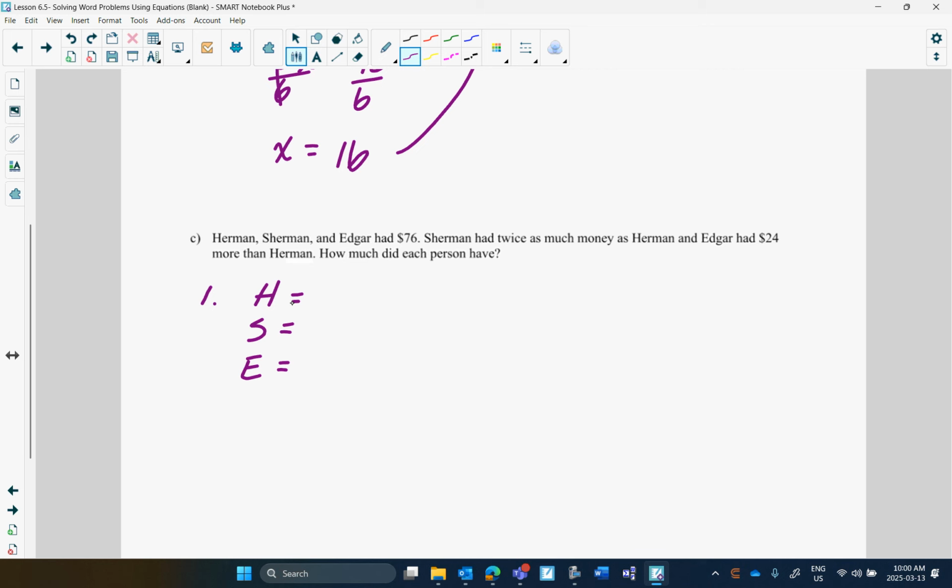So let's call Herman X. Sherman had twice as much as this. 2x. Edgar had 24 more than this. Right, remember the difference between times and more than. Like twice means times, more than means plus.